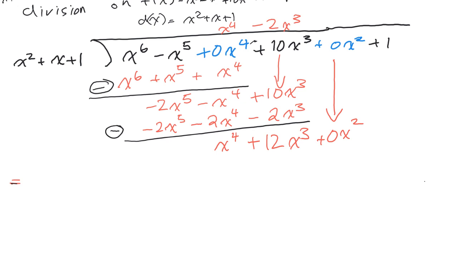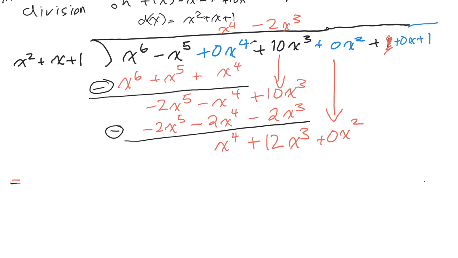Okay, now I made a mistake in our problem, so go back up here and make sure that instead of plus 0x cubed, we put 0x squared, 0x plus 1 at the end of this problem. So remember, it's x to the 6 minus x to the 5 plus 0x to the 4 plus 10x cubed plus 0x squared plus 0x plus 1.